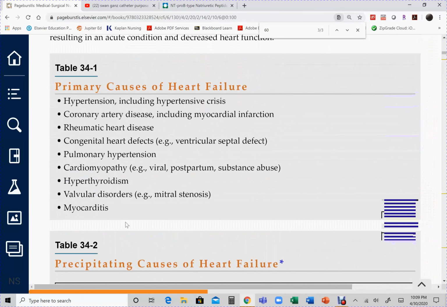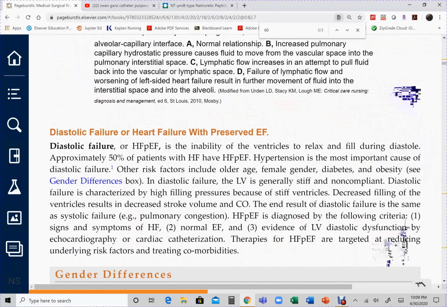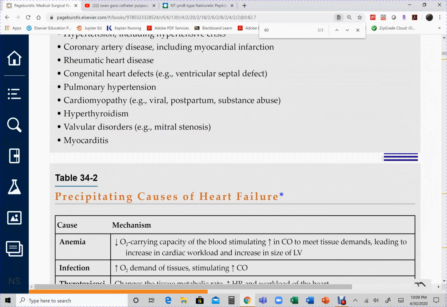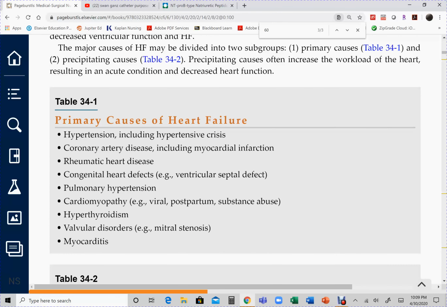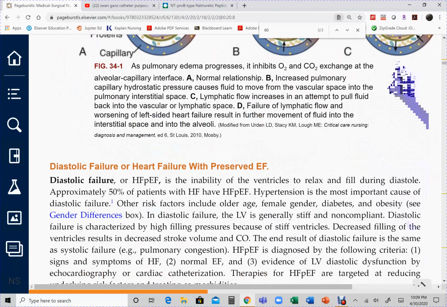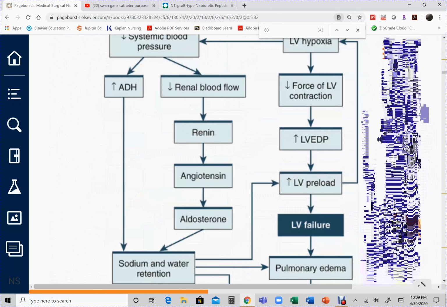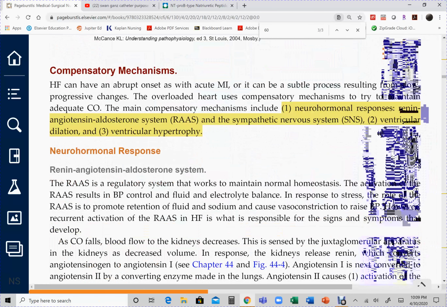Meaning the longer these conditions pose an additional burden on the heart, making its workload higher, because these are not easy to manage. So if these conditions continue, then the compensatory mechanisms will also be ongoing.